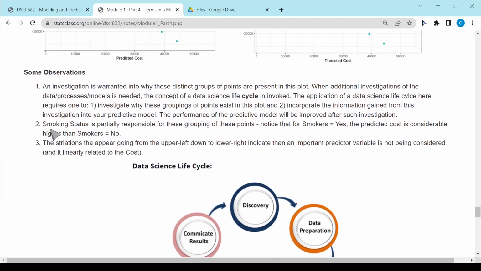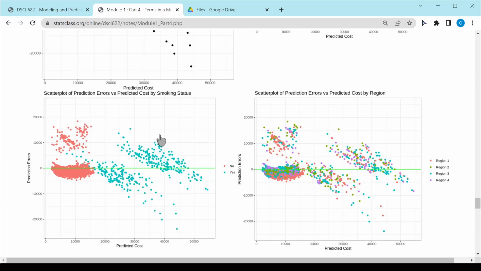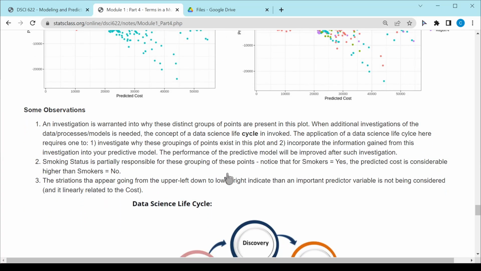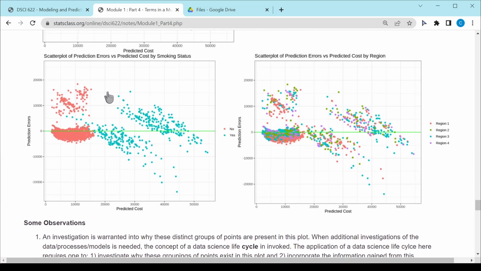As we learned up above, the smoking status is partially responsible for these groupings. So when I did this plot, again, with smoking status, I have those 2 distinct, less than 15,000, more than 15,000. Another thing here is that the striations that I'm seeing here, so kind of these groups that go from the upper left down to the lower right, that's a classic indication that you are missing a predictor variable.